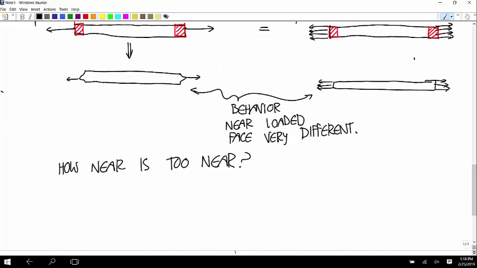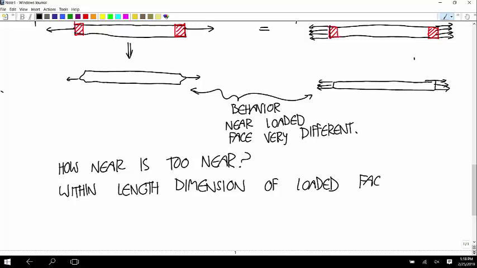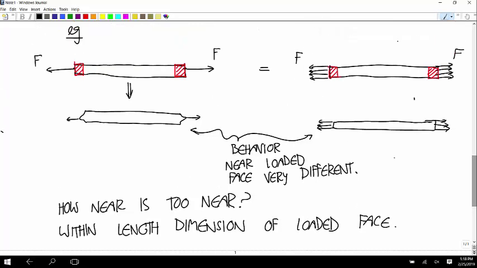The answer that people use is within about the length dimension of the loaded face. Okay, so you can see that's about what I drew in my picture. The length dimension of this face is like this. So that's how far I allowed to move away. And then once I got this far away from the end, then I trusted the values.